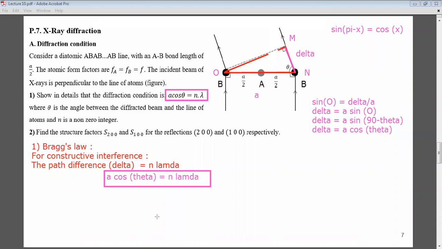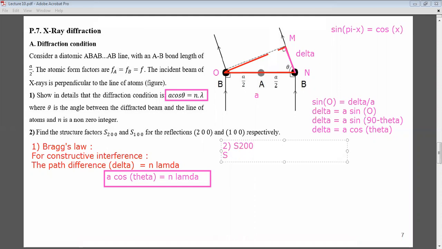So this is part 1. Part 2: find the structure factors S200 and S100 for the reflections from the 200 and 100 planes. I will start with S200.